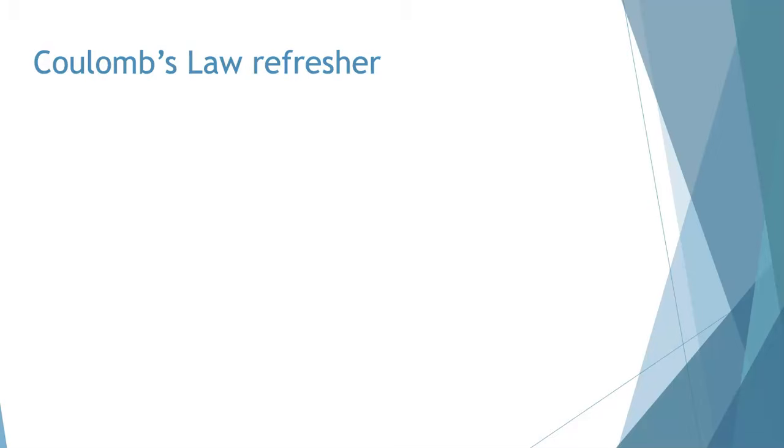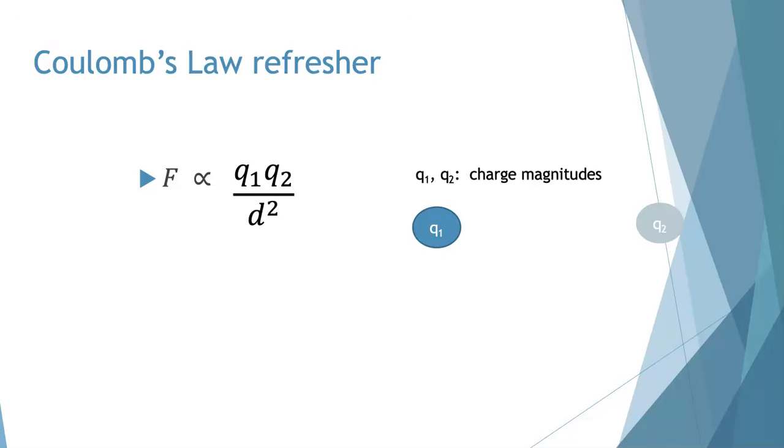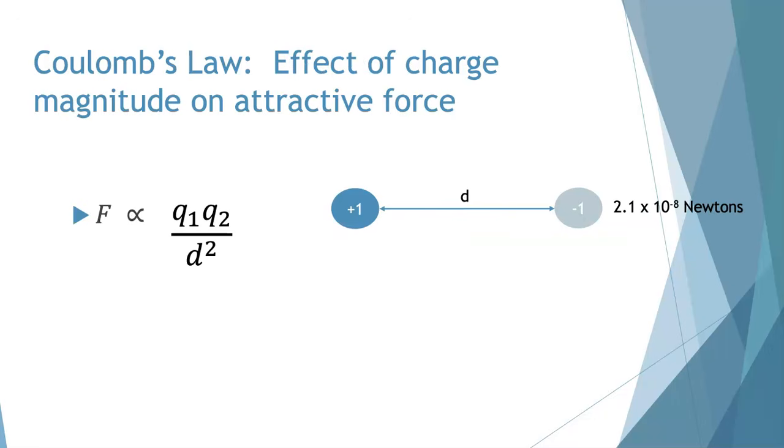So let's just do a quick refresher of Coulomb's law. The formula is actually on your formula sheet. The formula says that the force of attraction is proportional to Q1 times Q2 over D squared, where Q1 and Q2 are the charge magnitudes of the two interacting species, and D is the distance between the particles, really the distance between the center of the two particles that are interacting. So charge magnitude is a really important thing in terms of talking about this attraction.